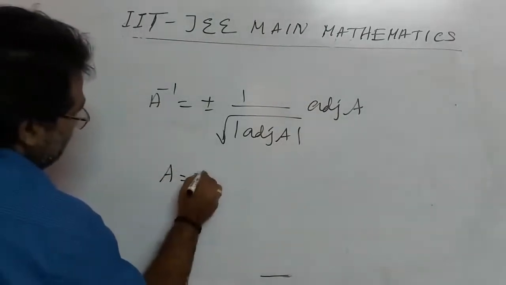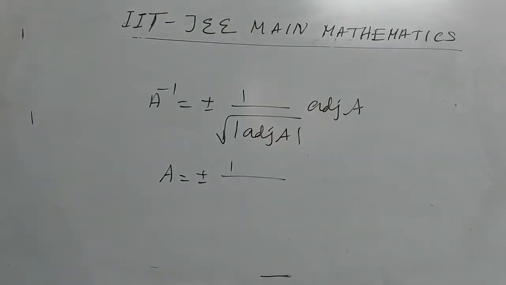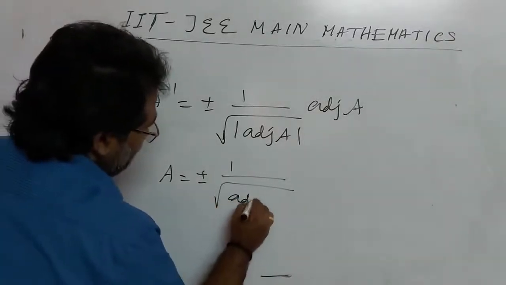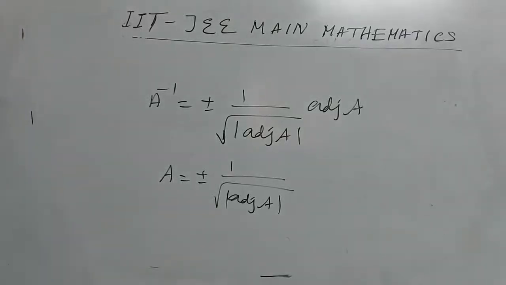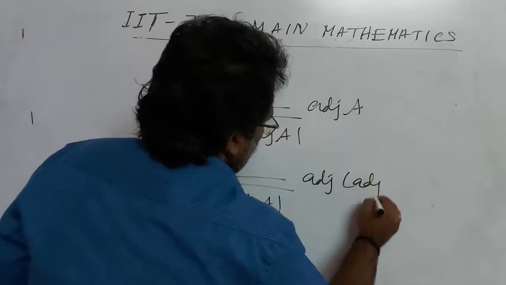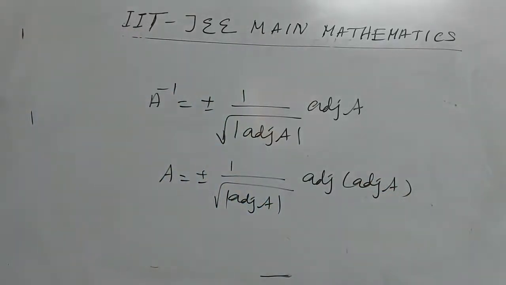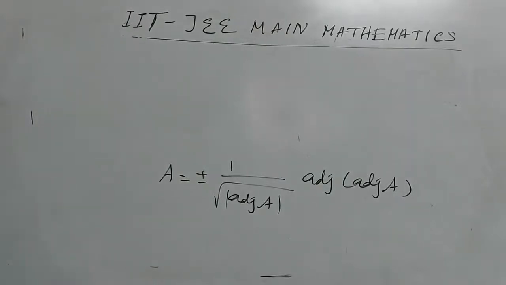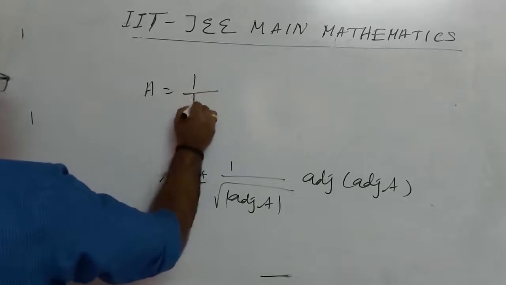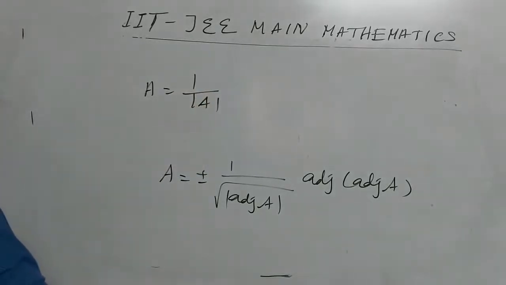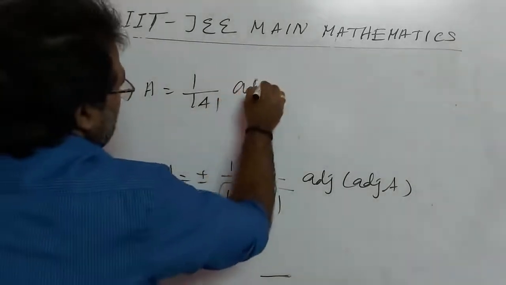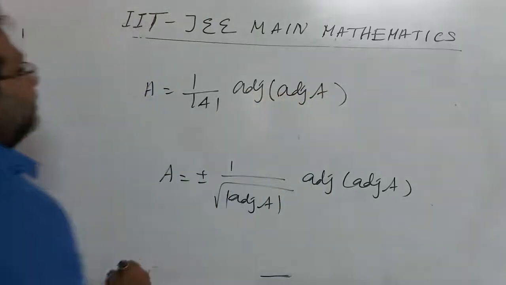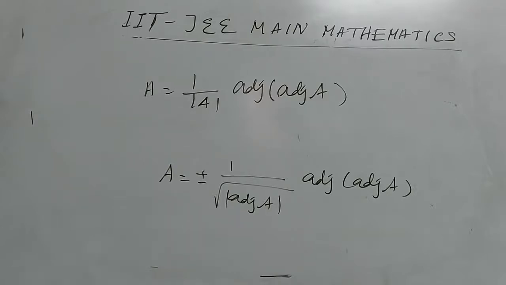A equal to plus or minus inside the square root, determinant of adjoint of A. A also can be derived from 1 by determinant A adjoint of A. This will hold when the order is 3.